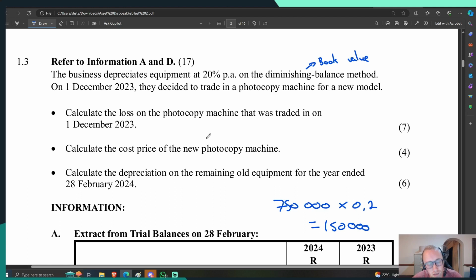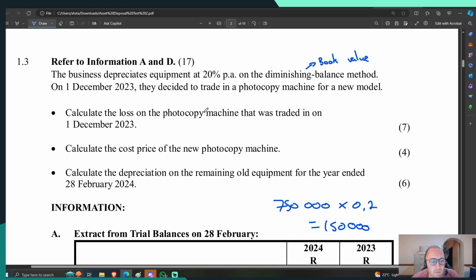If there is a loss, that means the figure will be on the credit side of the asset disposal account. I'm not sure yet if we're going to use that bit of information, but we might. So just know, if we use the T account, asset disposal T account, the loss would be on the credit side. All right.